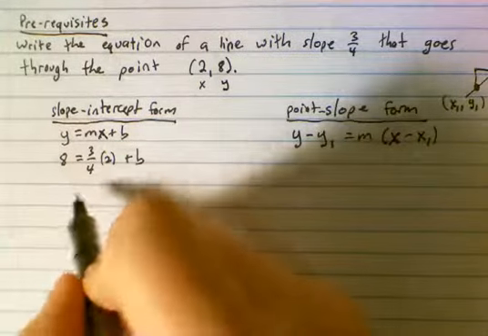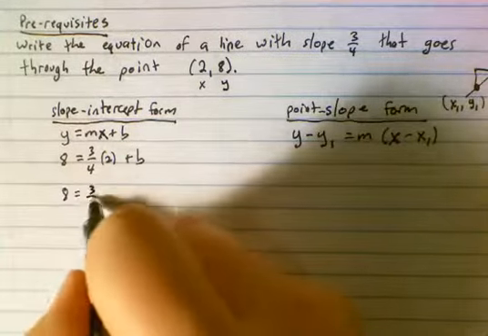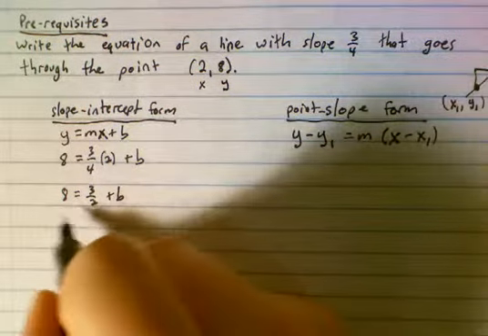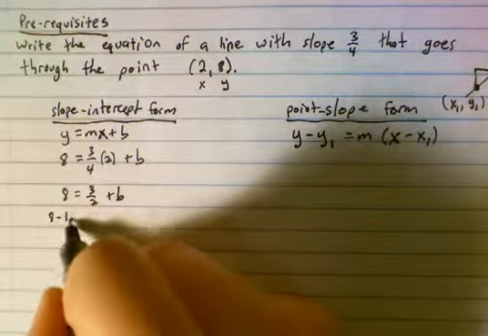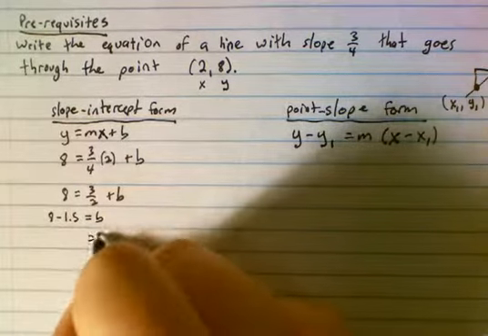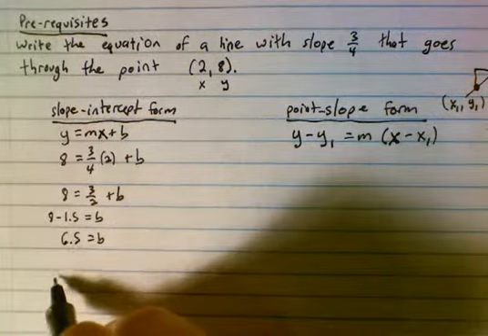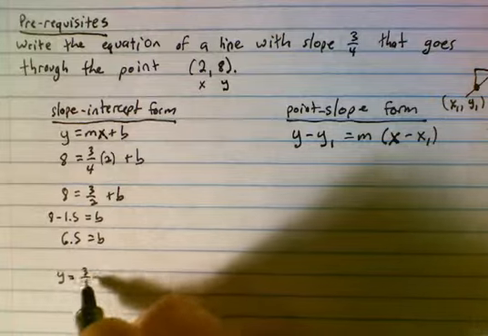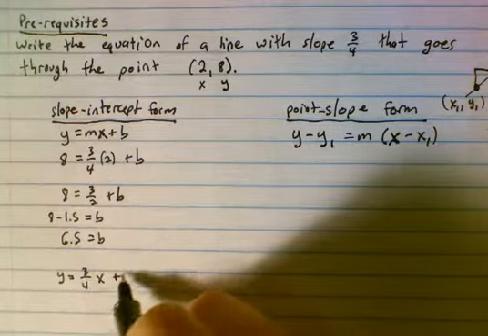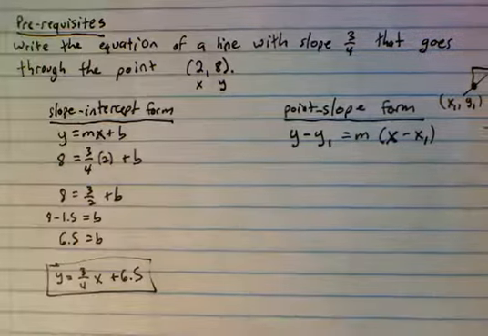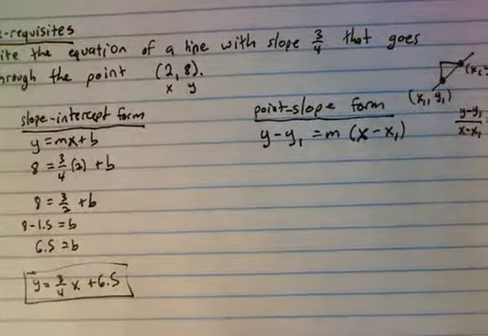So if I go ahead and do that, I've got 8 equals 3/2 plus b. I subtract 3/2 or 1.5 from both sides. b is 6.5, so I can write my equation y equals 3/4 x plus 6.5. That's one perfectly fine way to do it.